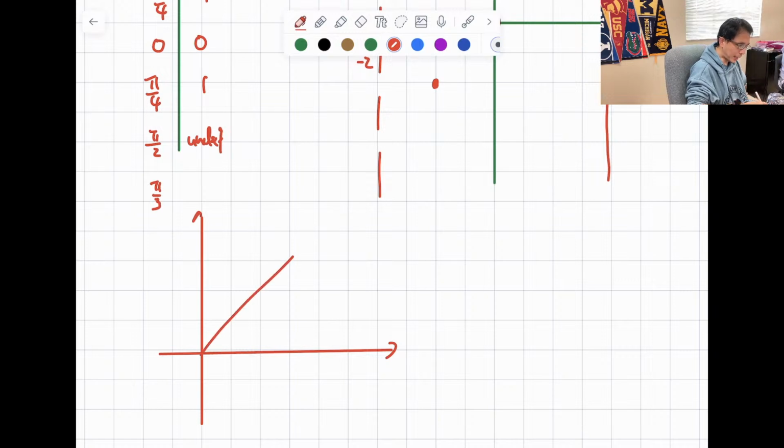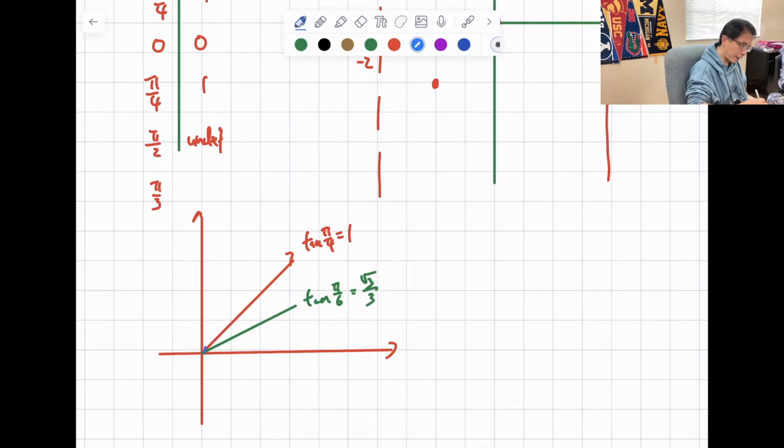If it's something like this, it's 45 degrees. So tangent of pi over 4 is always equal to 1. Knowing that value, and knowing this value here, tangent of pi over 6 is always root 3 over 3.